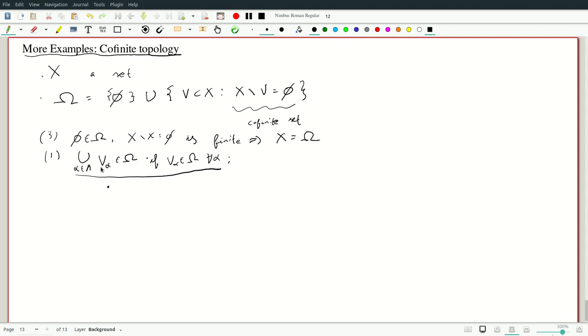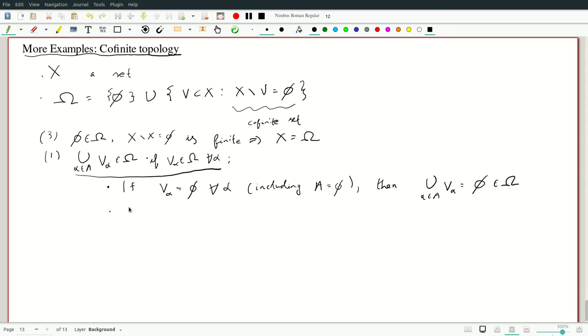One case is if all of these are empty, if V alpha is empty for all alpha, including the empty collection. If there are no sets at all, or all the sets are empty, then the union of alpha in A of V alpha is the empty set, which is in omega by definition.